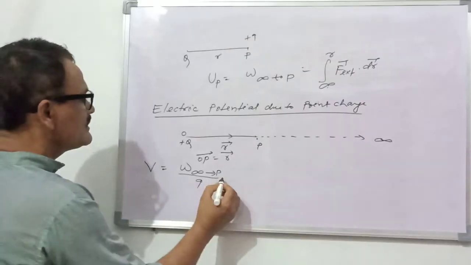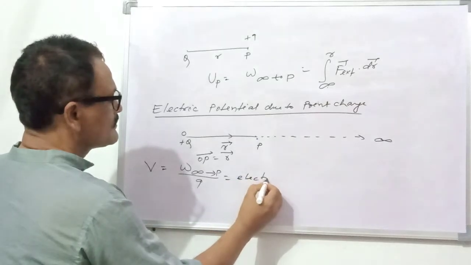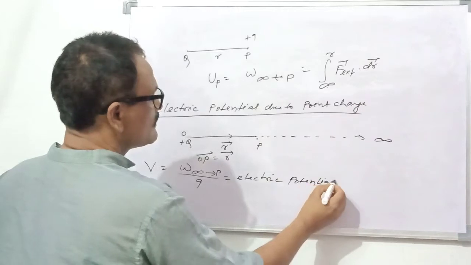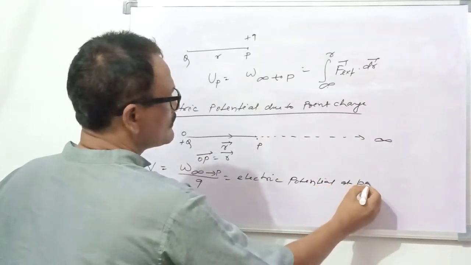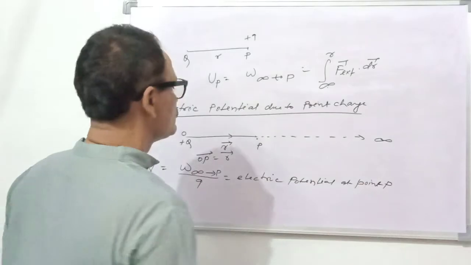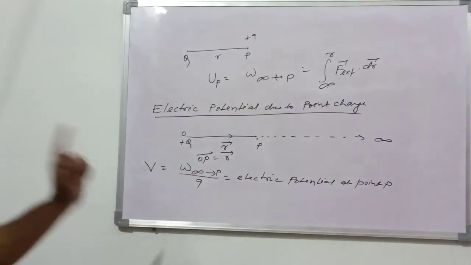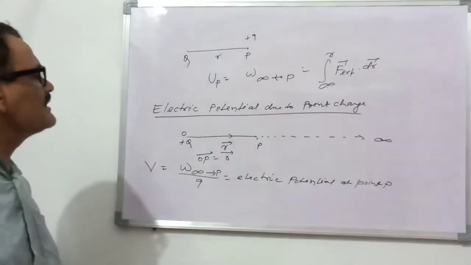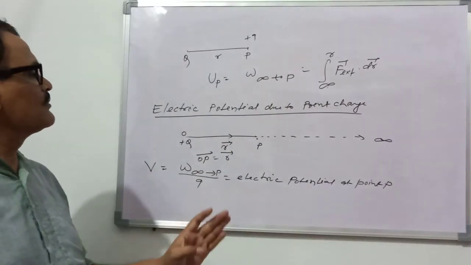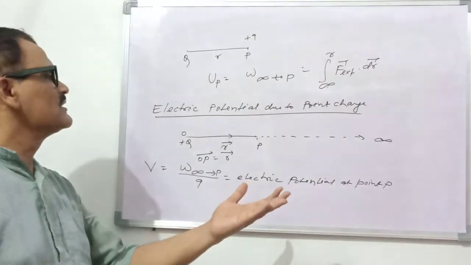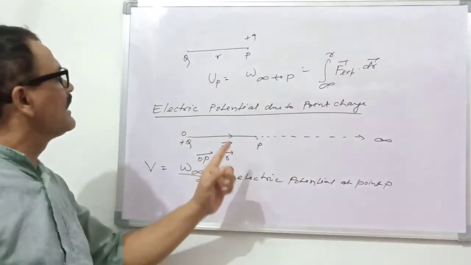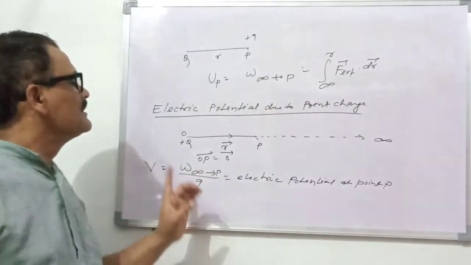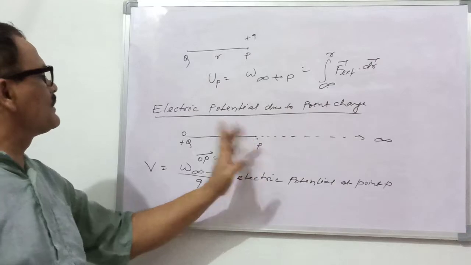So this is the electric potential at point P. Again I am repeating this. The electric potential at a particular point is defined as the work done by the external force in bringing the unit positive charge in the electric field to that point, and that work done will be equal to the electric potential at that point.